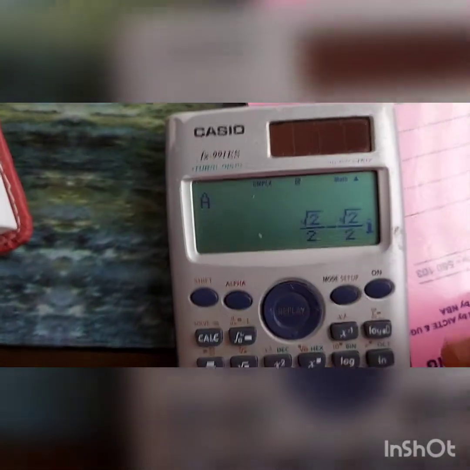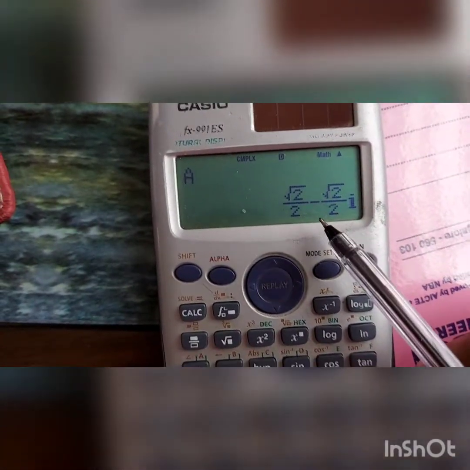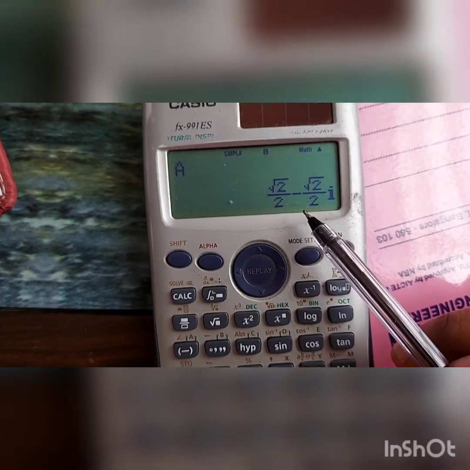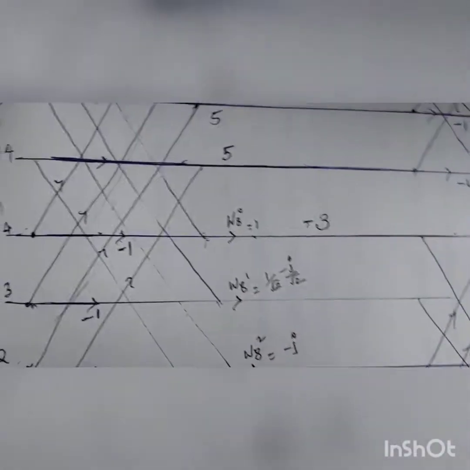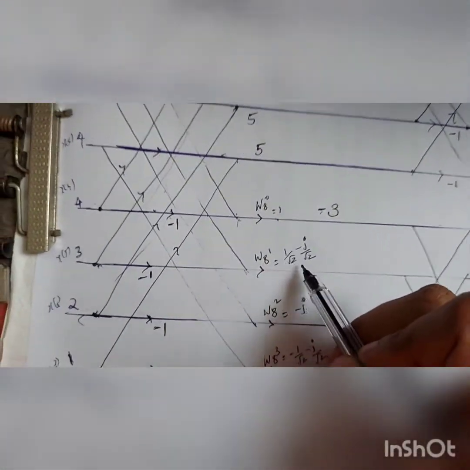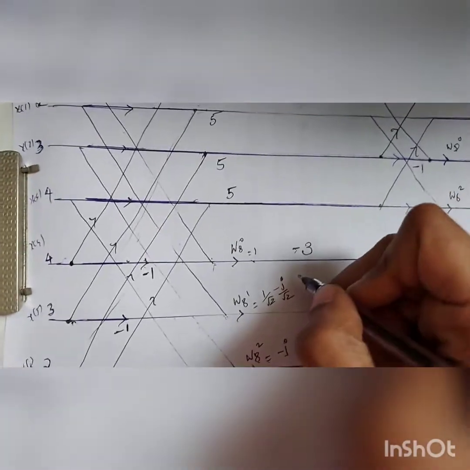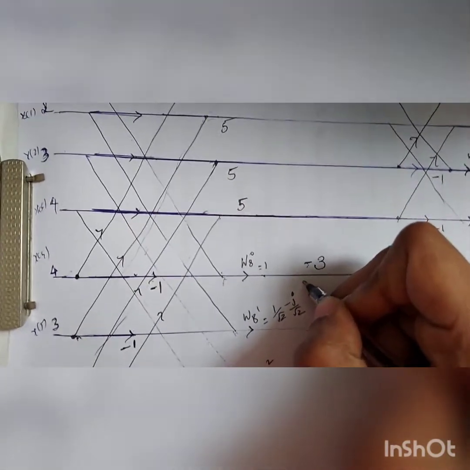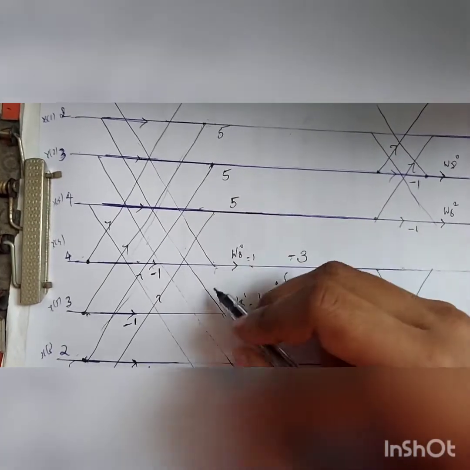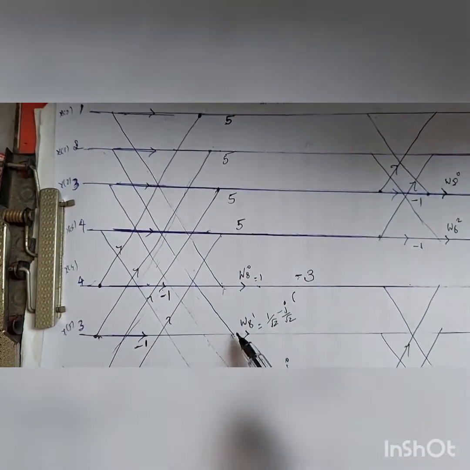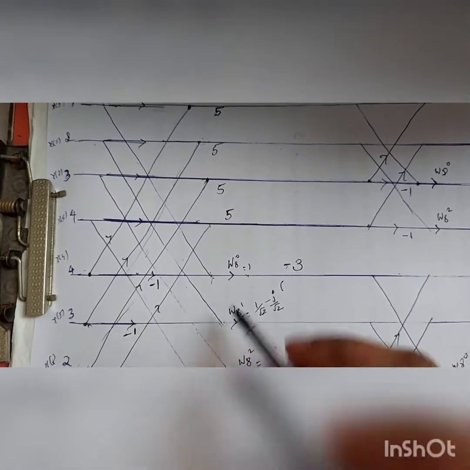So now what I'm going to do is, I will multiply this A with what? See here. So I will write it in short. What we are going to do is 2 plus 3 into minus 1, minus 3.